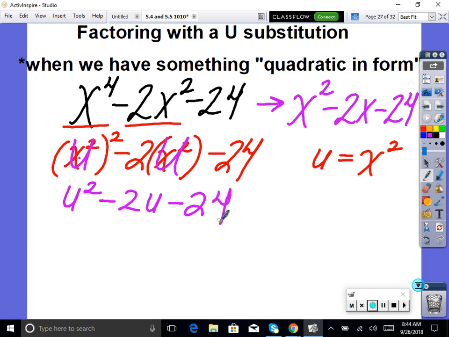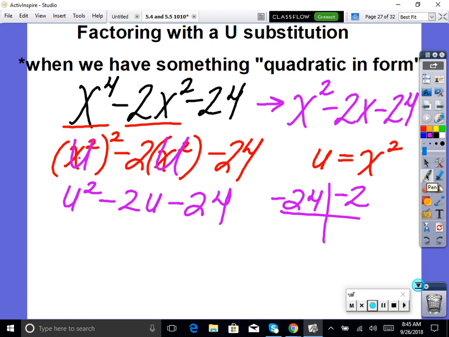And now look at that. It's a quadratic that we know how to factor. So let's continue factoring this. What multiplies to be negative 24 and adds up to be negative 2? 8 times 6, not 8 times 6, that's 48.